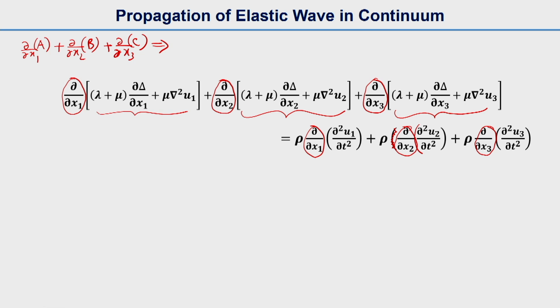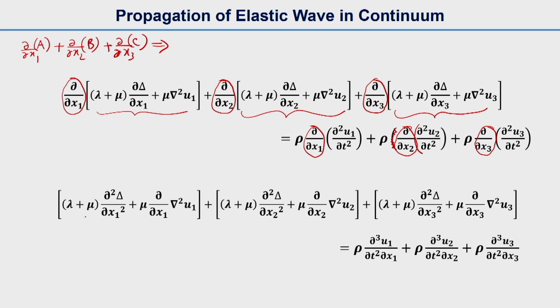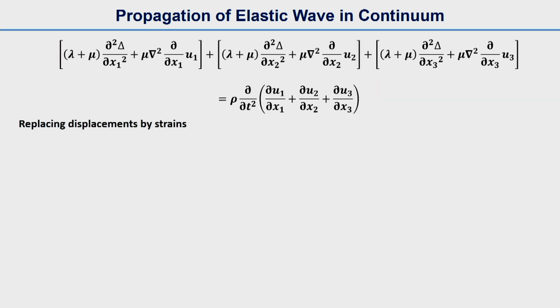So if you want to simplify it more, we are actually operating with the partial derivative, that gives us a second partial of delta with respect to x1, then here again second partial of delta with respect to x2, and similarly second partial of delta with respect to x3. So this expression we want to simplify more.